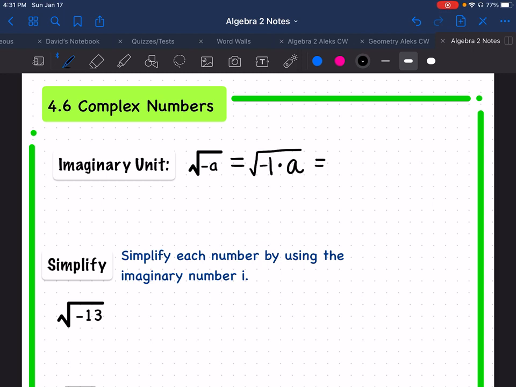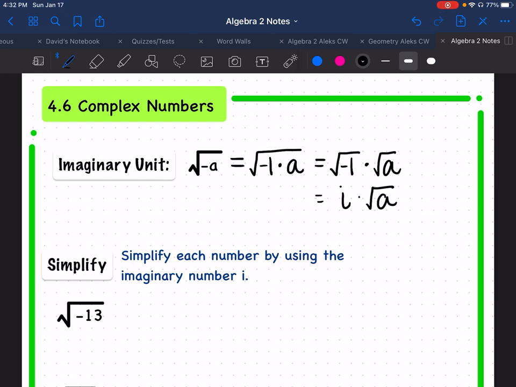Then I can start thinking, remember, square roots work as the square root of -1 times the square root of whatever that number a happens to be. Well, this square root right here, this negative square root, is what is called my imaginary number. So this becomes the imaginary number i, and then of course I work with my square root of a.